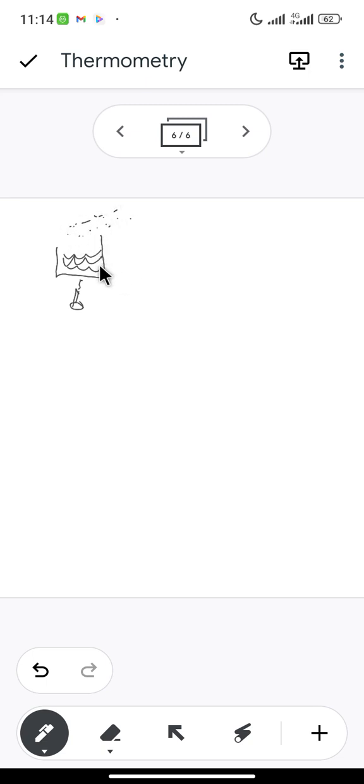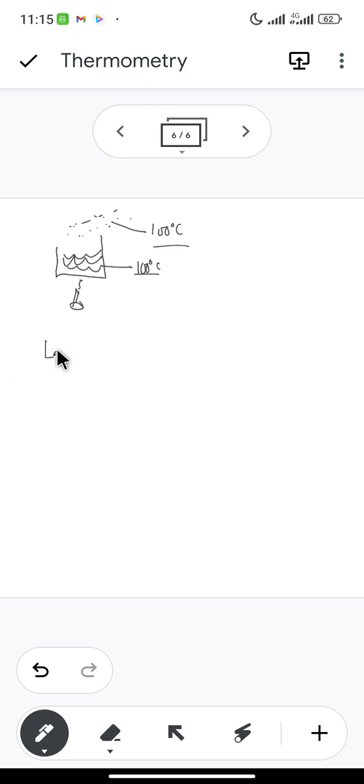Now, if you check the temperature of this water, let's say you have 100 degrees Celsius. If you check the temperature of this vapor, you're going to see 100 degrees Celsius. So the heat required to convert a unit mass of this liquid to gas without a change in temperature is known as the latent heat of vaporization.